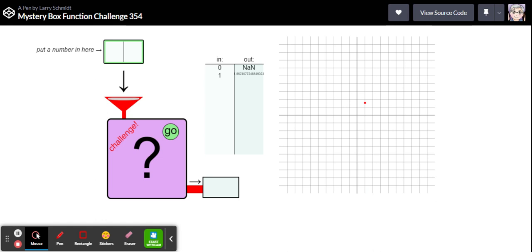Okay. So that is a non-repeating decimal. So that lends some support to maybe a square root function or maybe some kind of trig function. Let's do a 2. And it's also a non-repeating decimal. How about a 3?